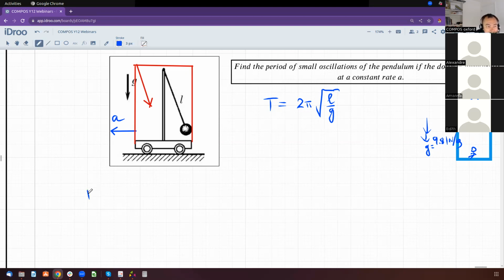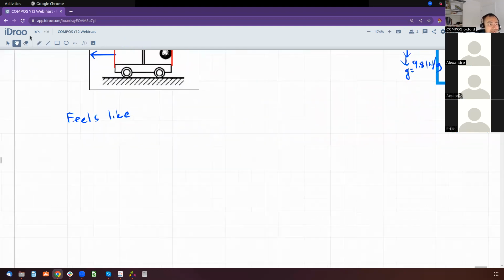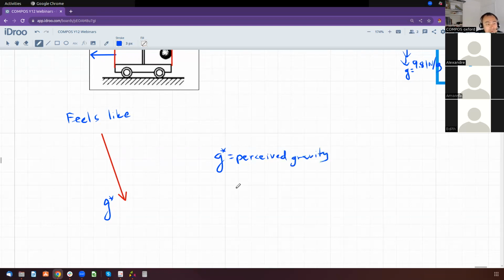So it feels like the gravity is like this. Let's call it perceived gravity, G star.